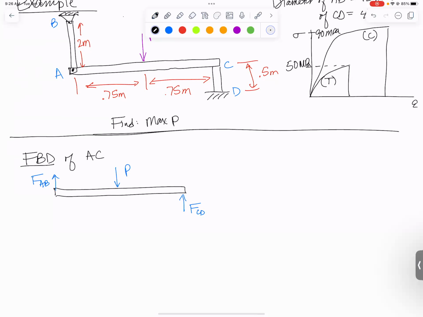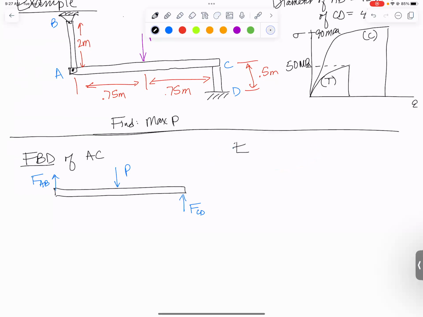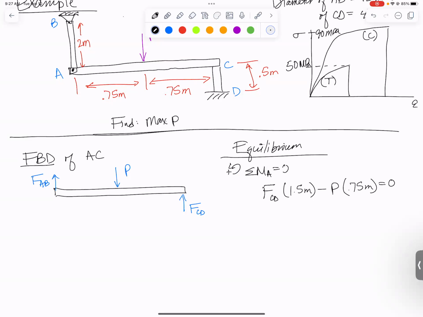And then right after free body diagrams, we do equilibrium equations. Let's try summing moments about point A. And I get that the force in CD times 1.5 meters minus P times 0.75 meters equals 0.